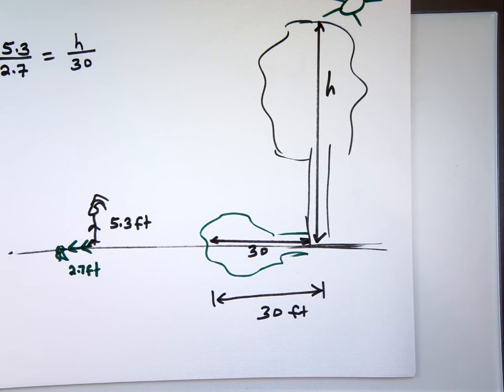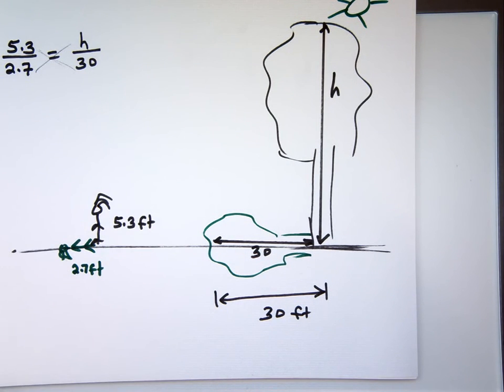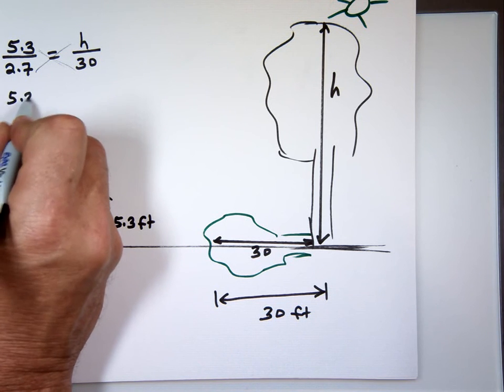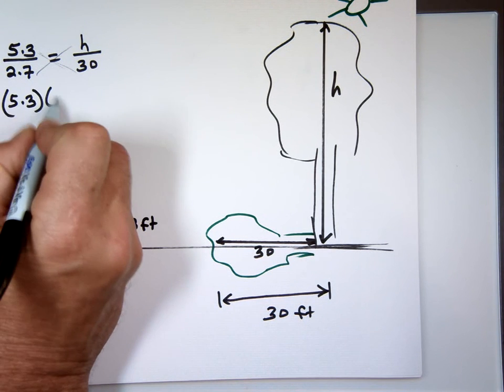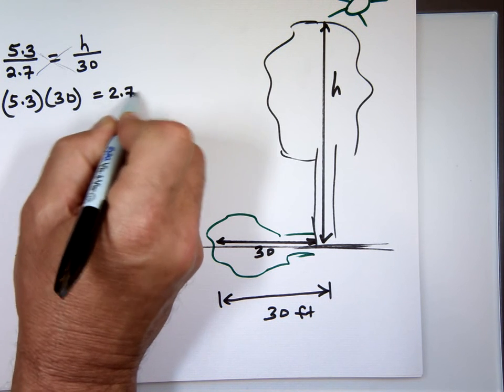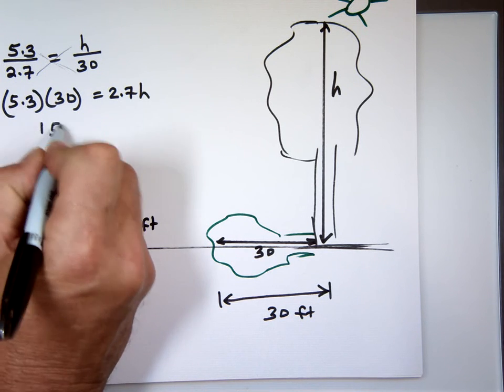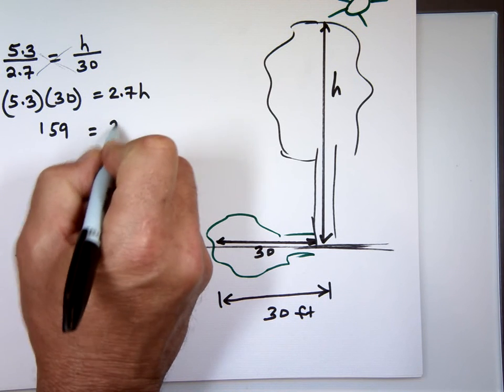Now you can cross multiply. 5.3 times 30 equals 2.7 times h. 159 equals 2.7h.